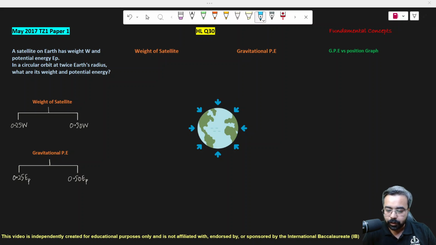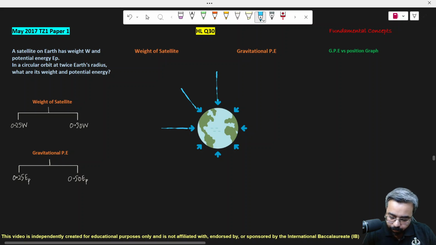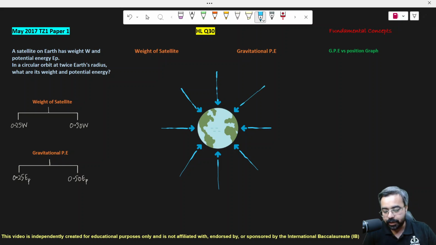So first of all, I'm going to show you the visual gravitational field lines. These are the field lines which show us the strength of the gravity of the planet. If a planet is larger in size, then we have to depict more lines.